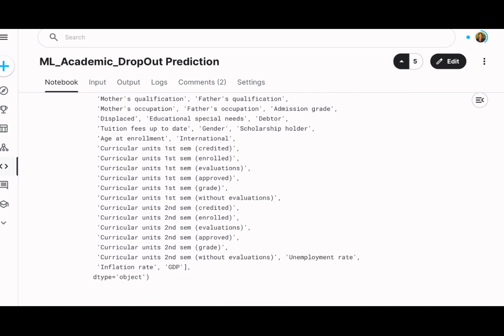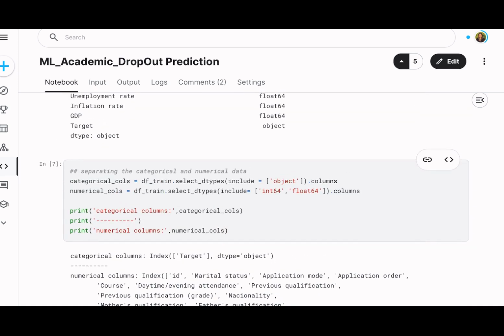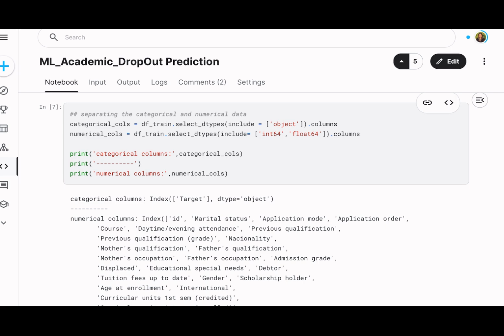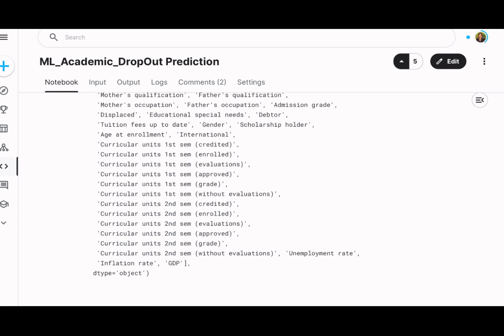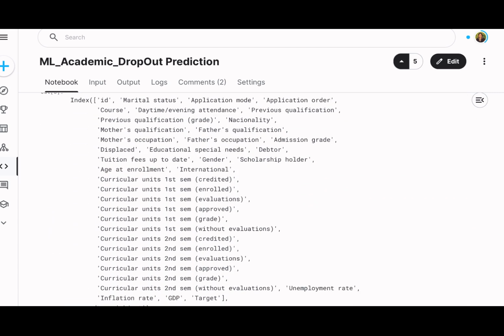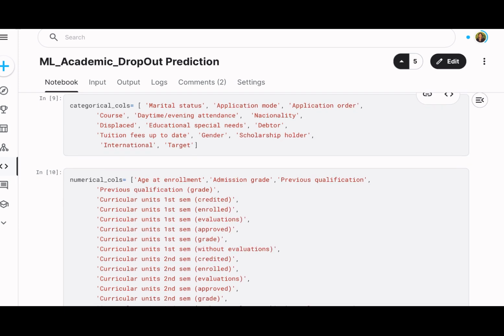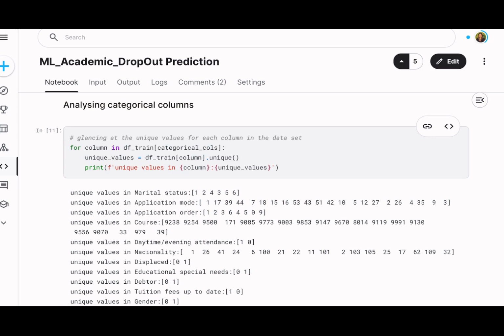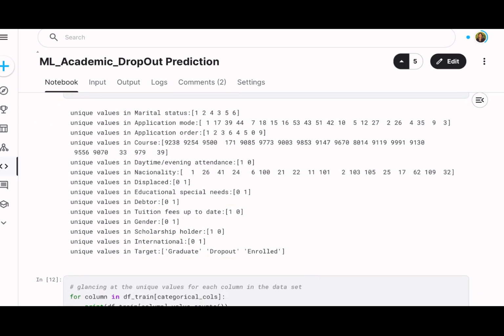But as you can see, as I explained earlier, this does not work for us because we have to manually separate the categorical columns and numerical columns based on our understanding and intuition. So this is what I have done: I have separated them in a list, and now I have separately analyzed the categorical columns to see the unique values in each of them.